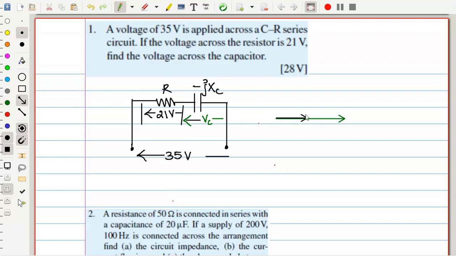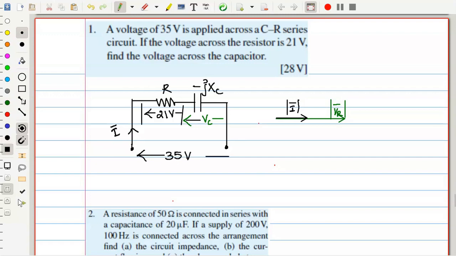This black one is the current and the green one is the resistor voltage. And we know for a capacitor, current should lead the voltage. Do you remember that expression? This is the VR magnitude, and this is the total current magnitude, the I phasor.